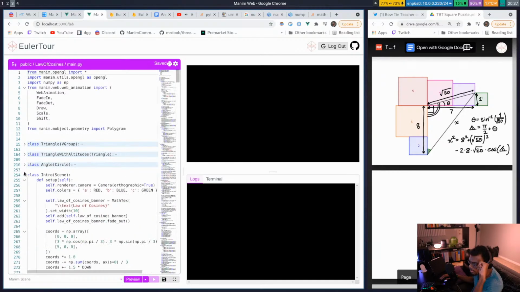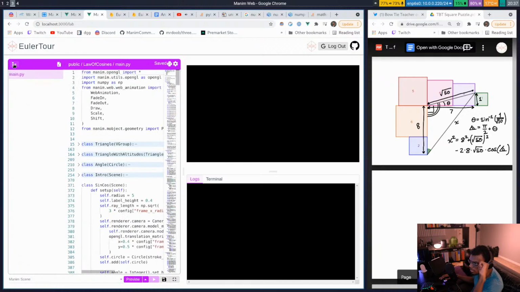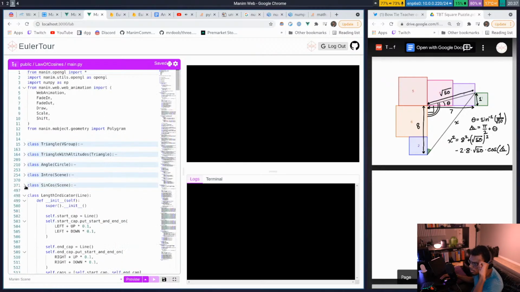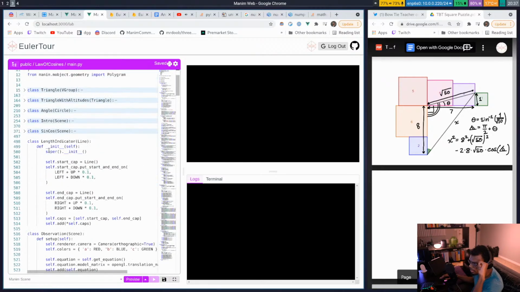Triangle with altitudes. Length indicator. It's fairly straightforward. Maybe I should copy this into, wait. Let's start and end on.